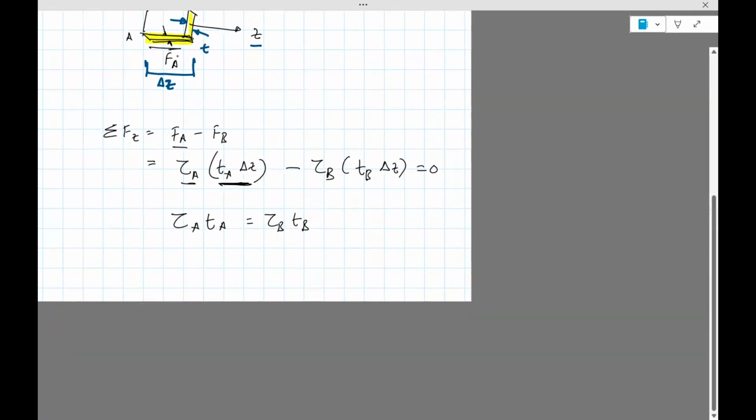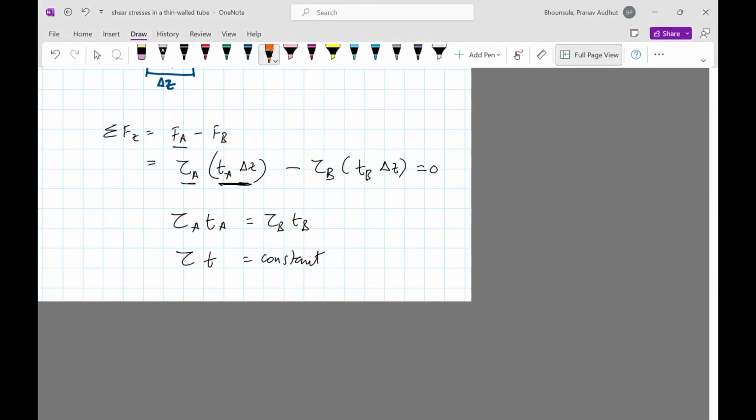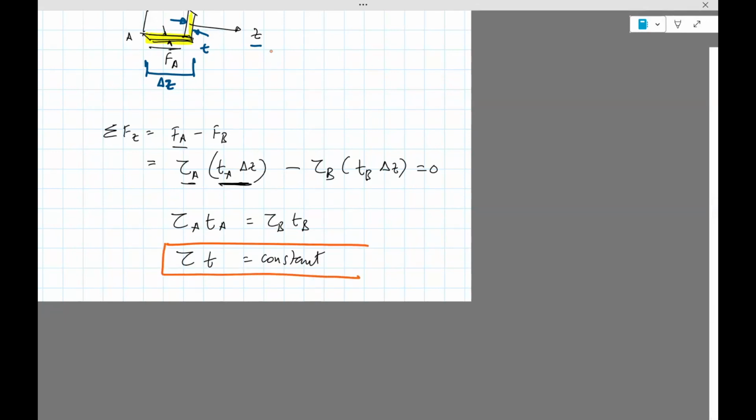Or in other words, if you take tau and you multiply with T, you get a constant. So that's one insight, that it's a constant. Now once we have that, we can go ahead and derive a formula for how the torque T is related to tau.